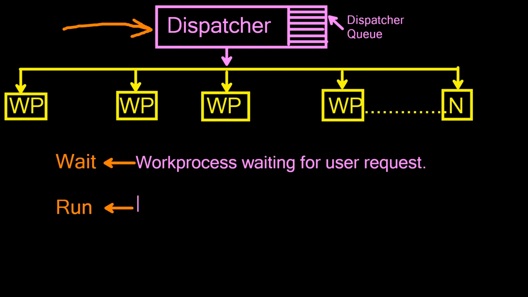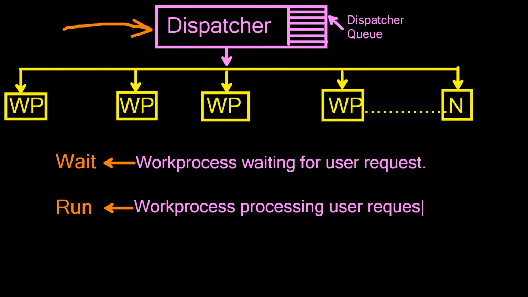The work process is ready, waiting for a user request. Run status means the work process is processing a user request. It is already processing a user request.